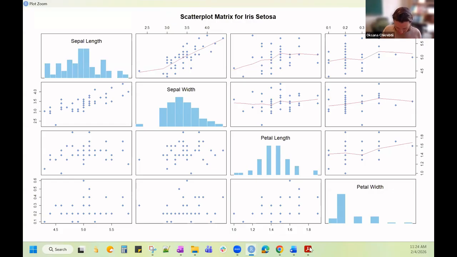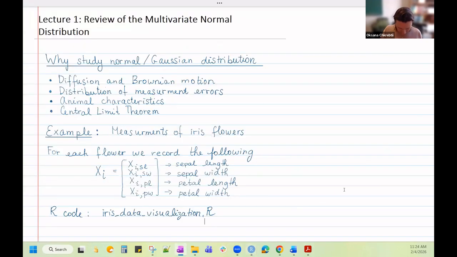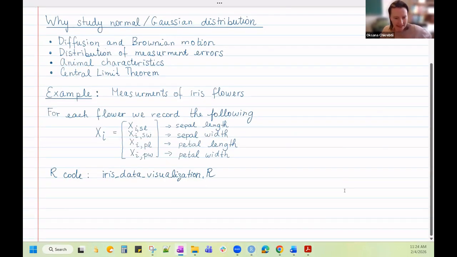So let's go back to our notes and discuss how we would model this kind of data. In order to model this data, I'm going to introduce the multivariate normal distribution, or the Gaussian distribution.